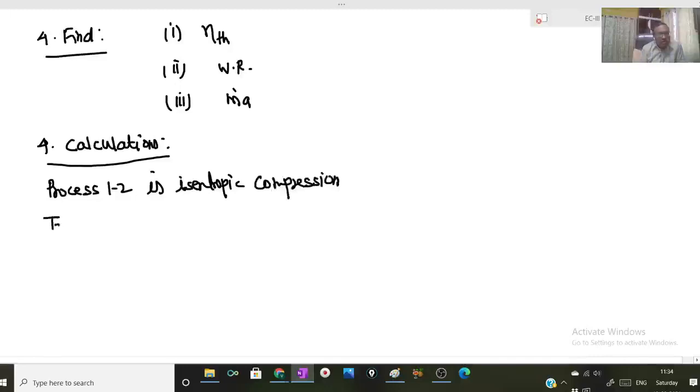What does it mean? T2 by T1 is equal to (Px by P1) to the power of (gamma minus 1) by gamma. This is the pressure ratio, and it is handling air, so adiabatic index of air will come into picture. Now I don't have the value of Px right now.